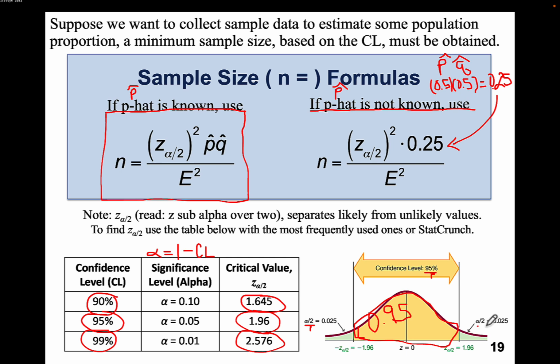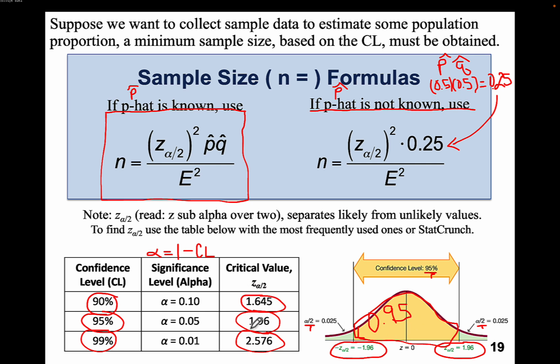That leads us to the z-scores, the critical values that separate that 95% from the significance level alpha, which here would be 0.05. Half of it's here, half of it's here, 1.96. So that's just a visual on where these came from.